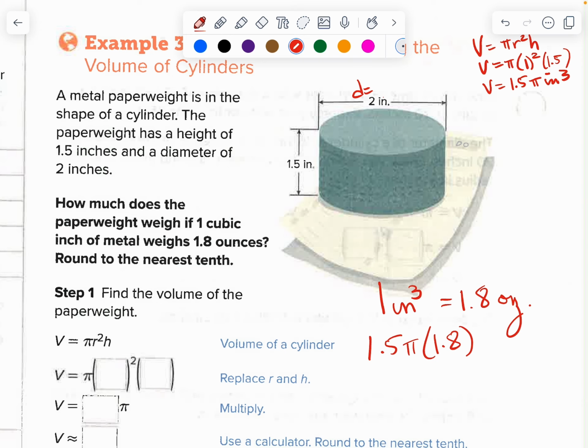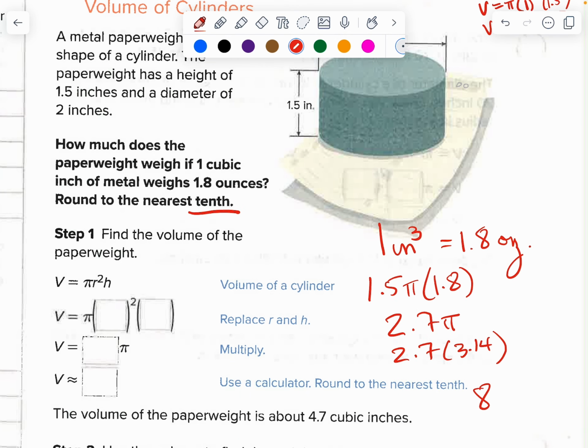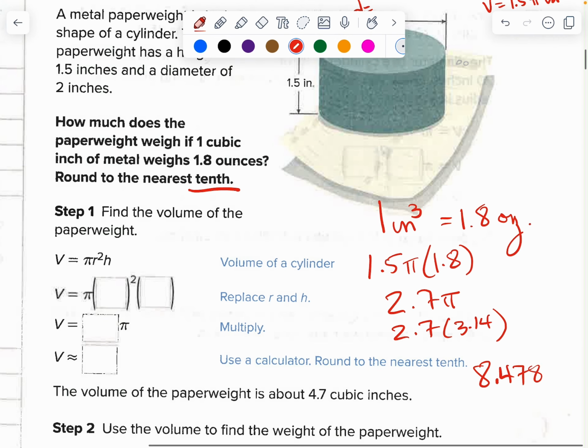Sorry, I need my calculator again. 1.5 multiplied by 1.8, and that's 2.7 pi. Okay, but it says round to the nearest tenth. So I need to take the 2.7 and multiply it by 3.14 and get 8.478, round to the nearest tenth, so approximately 8.5.